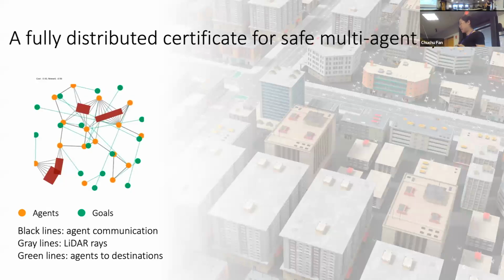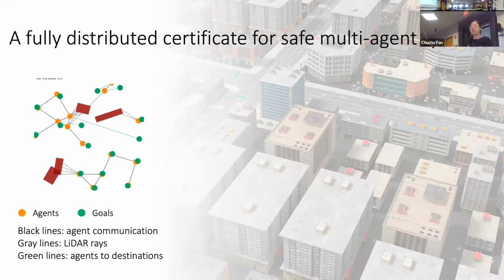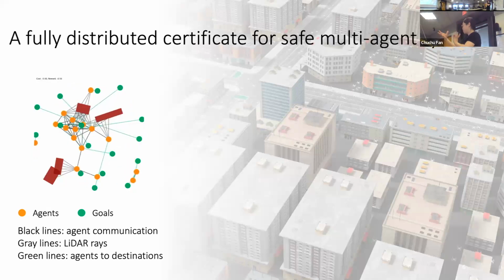Now that is a multi-agent setting. Let's think about, if we have this problem set up, how would we navigate all these agents to their destination while making sure, first of all, they do not bump into the obstacles. And second, they do not bump into each other. And third, they don't get trapped in a local deadlock.